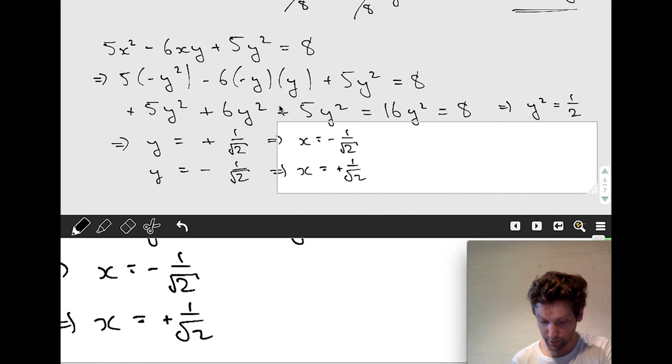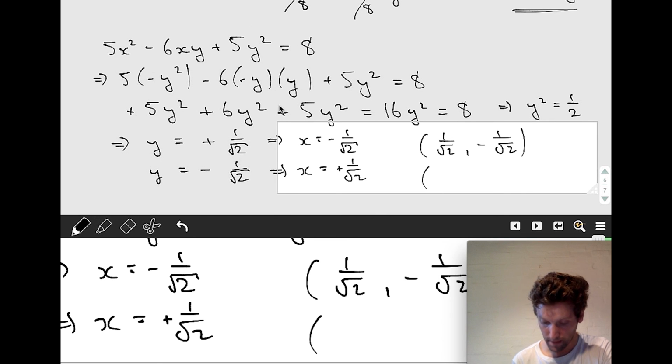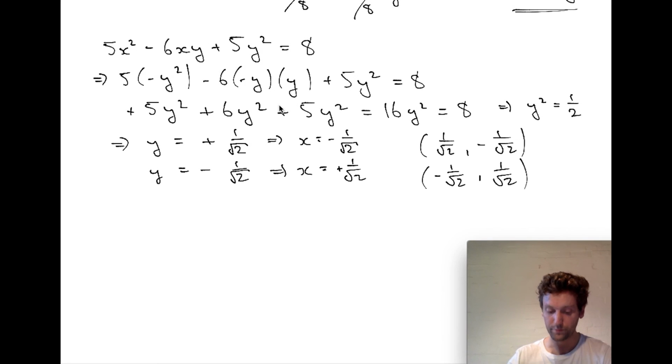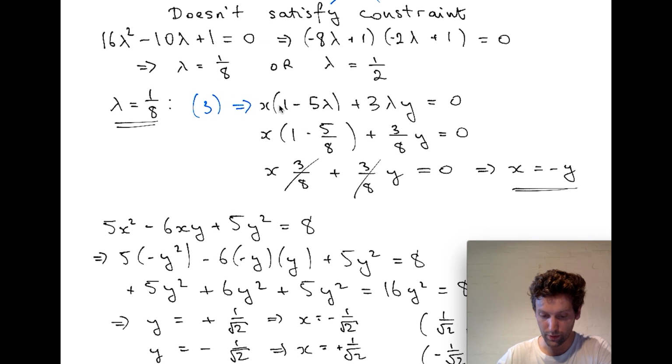So we get 2 points. We get 1 over root 2, minus 1 over root 2, and we get minus 1 over root 2, 1 over root 2. Okay, that deals with the possibility that lambda was equal to 1/8, so let's tick that one.